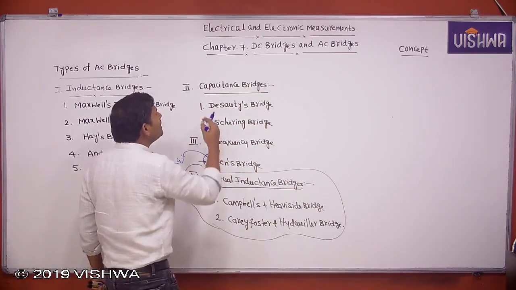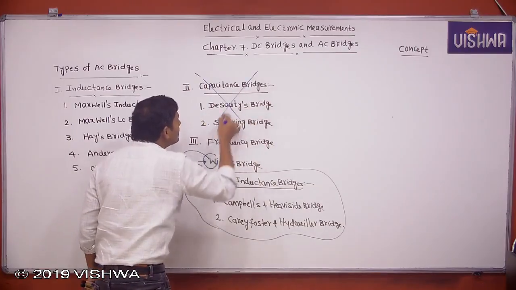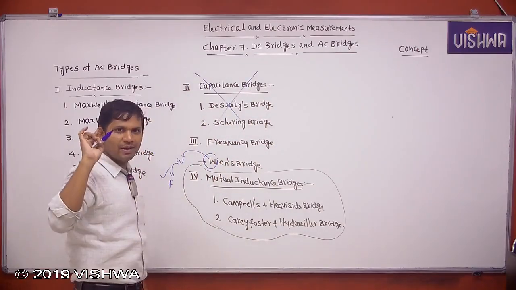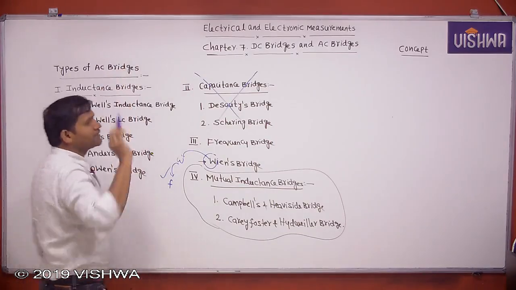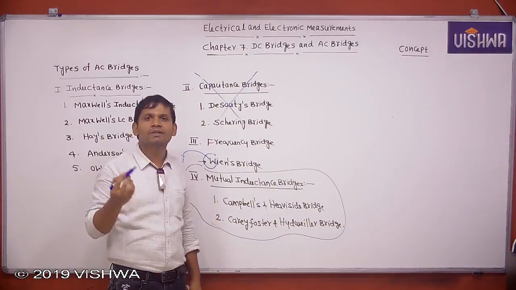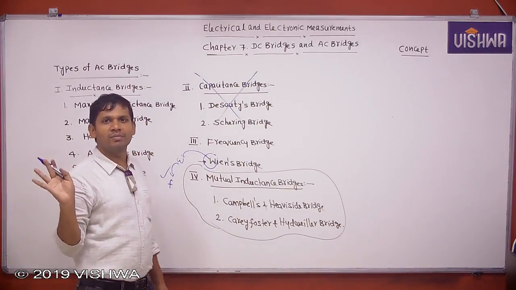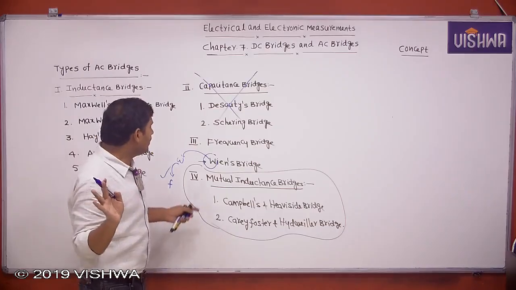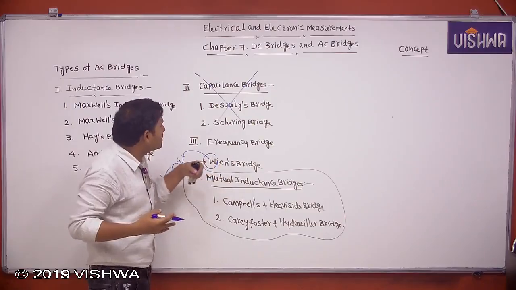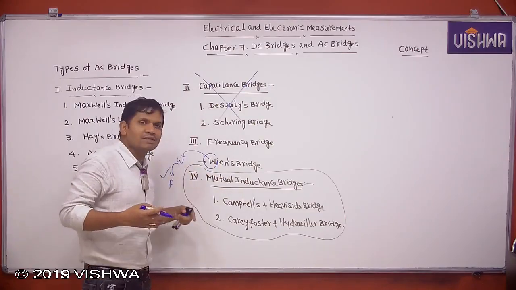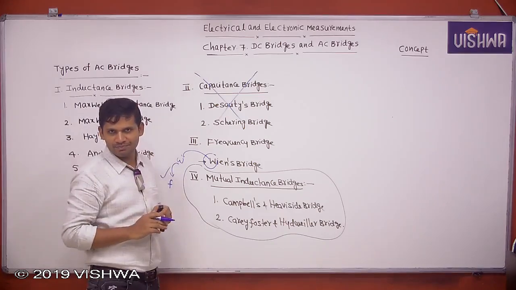That's why de Sauty's bridge and Schering bridge. So no need to remember capacitance bridges either, we can easily identify them just by remembering the term discharging. Then all the remaining bridges are inductance bridges. Then you already know the mutual inductance bridges. You know how to remember the frequency bridge. You know how to remember capacitance bridges. All the remaining bridges are inductance bridges.